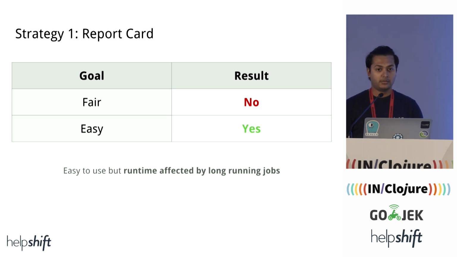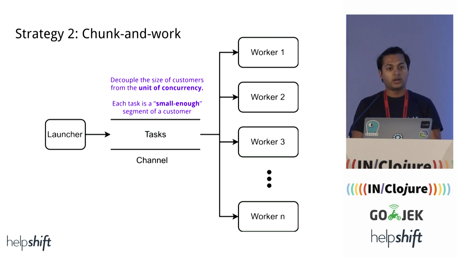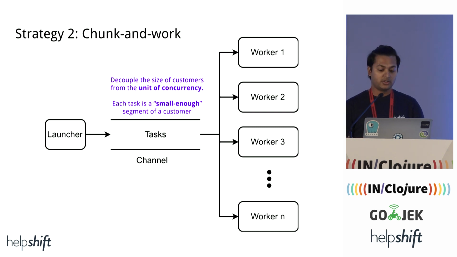We know that there are some customers which have more data, but we want to be able to go above that data distribution. So let's say the problem here is that some customers have more data. Now, what if we try to say that we are not going to look at customers as a whole, but we are going to split customers' data into smaller, more granular tasks rather than one big chunk of an entire customer's data.